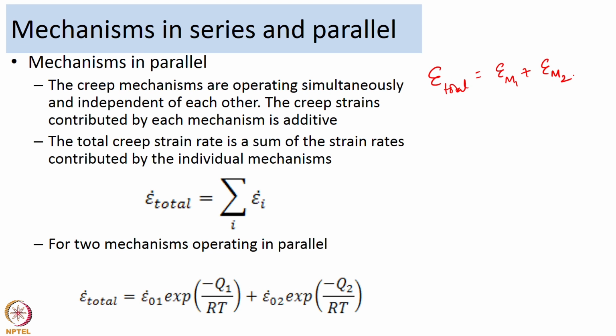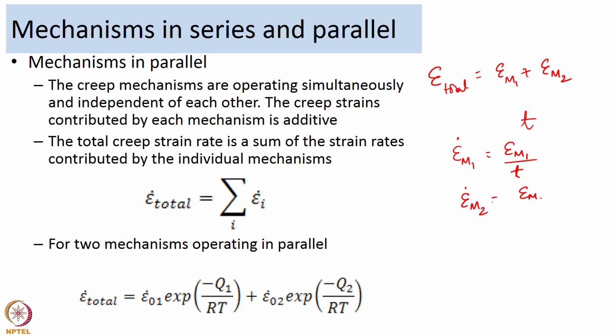The total creep strain rate, accordingly, is a sum of the strain rates contributed by the individual mechanisms. Since both mechanisms operate in parallel for a given duration of time t, the strain rate contribution of mechanism 1 is equal to the strain of mechanism 1 divided by time t, and similarly for mechanism 2.